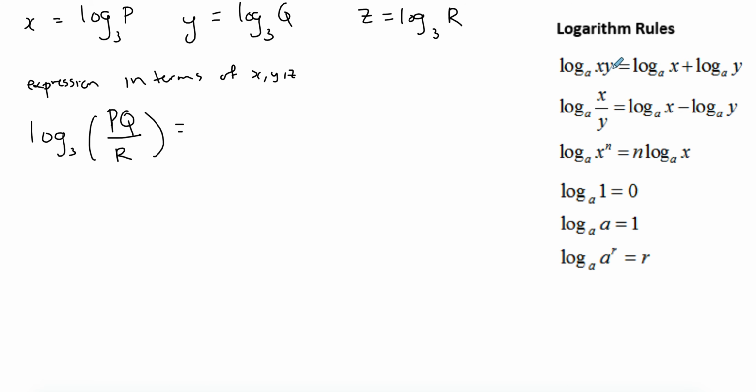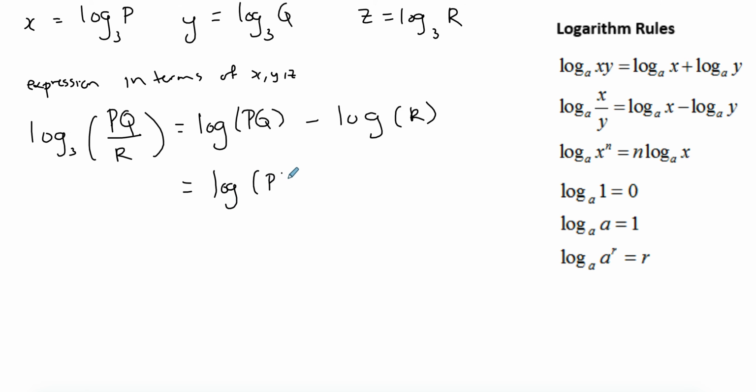So let me use the rules to simplify this a bit more. So I have log of pq minus log of r, and I know that pq is a plus, so log of p plus log of q minus log of r, and they're all to the base of 3. We have to write the base of 3, because if we don't, then it's a base of 10 by default.